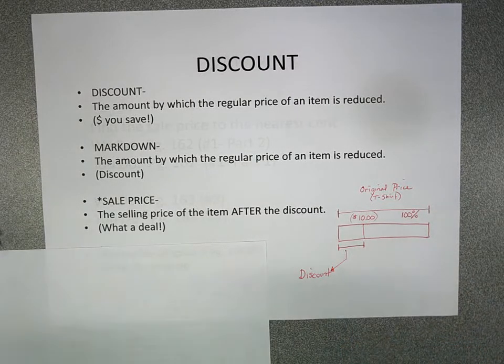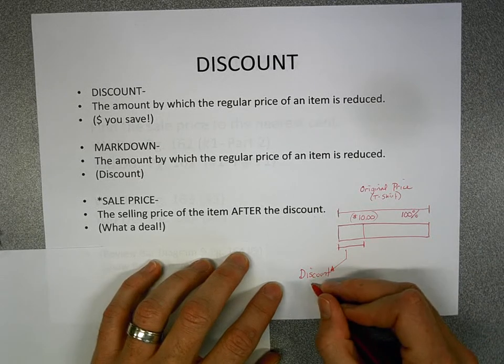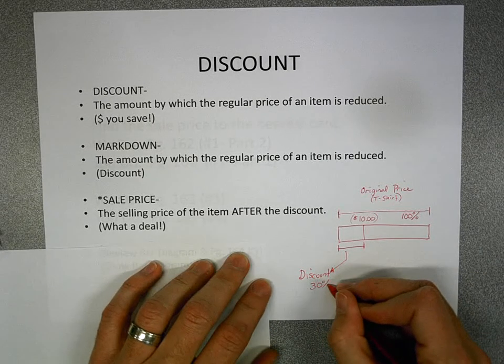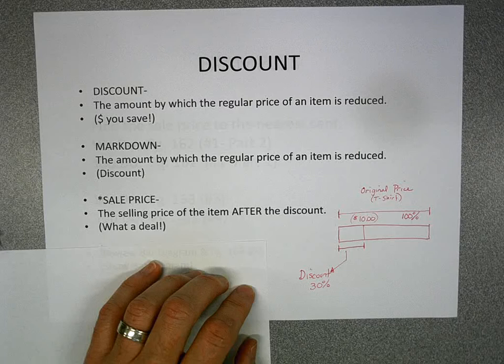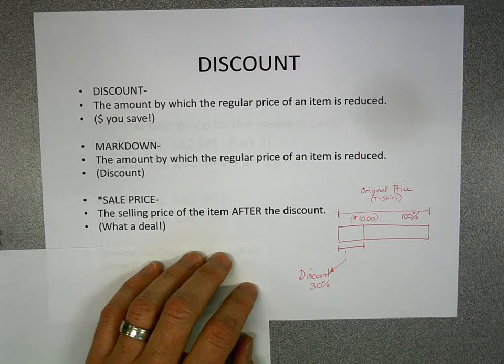On top of the little rack where all the shirts are hanging, there's a little special sign, it could be in red or something, and it says 30% off. Okay, it's the big sale. It's 30% off. Our discount then, ladies and gentlemen, is 30%. 30% of the bar, or 30% of the original price. That's the discount.